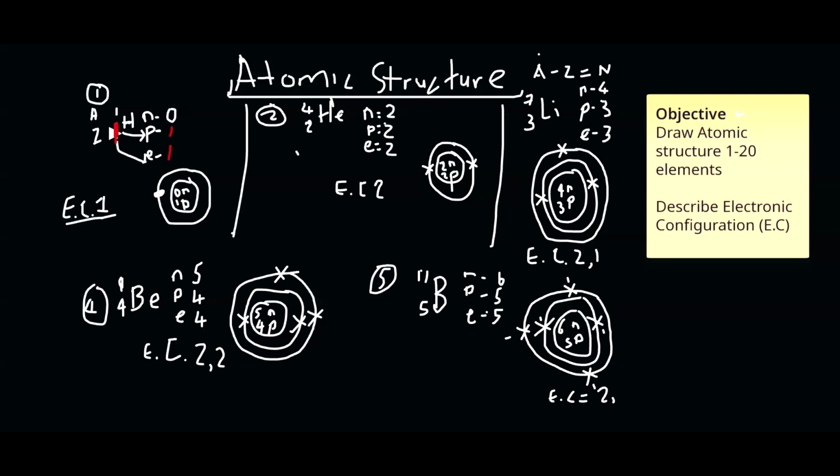Right, and then let's see the other one, which would be carbon. So carbon, what's the symbol for carbon again? C. Good, and then the mass number is 12. Atomic number 6.